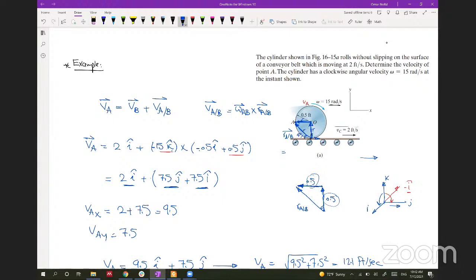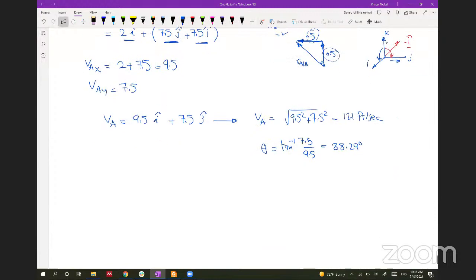Sorry, this is the RA with respect to B, it will be root R squared plus R squared, and you get the magnitude, and you know the angle, and then you get R cosine theta and R sine theta to get the R in X and R in Y direction. Did you get it, or still confused?